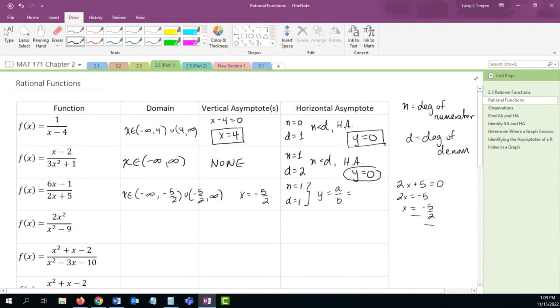A is the leading coefficient of the numerator, so that's 6, and b is the leading coefficient of the denominator, which is 2. 6 divided by 2 is 3. So I'm looking at a horizontal asymptote of y equals 3.